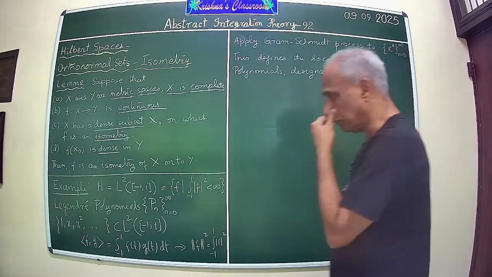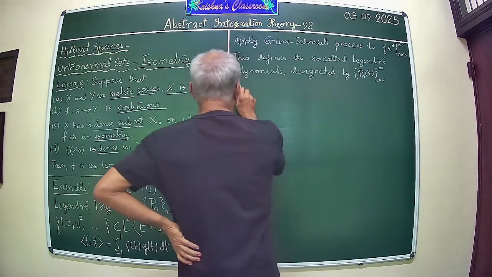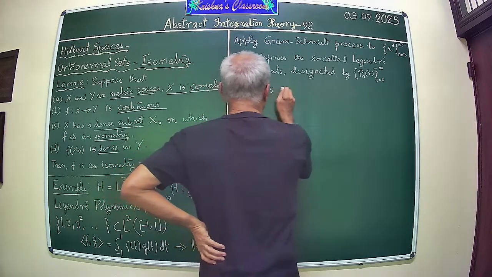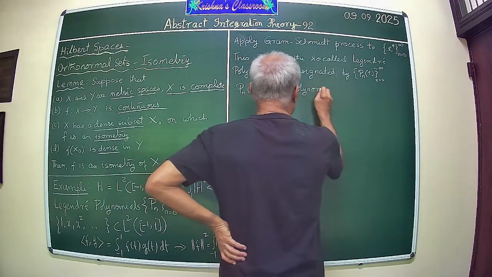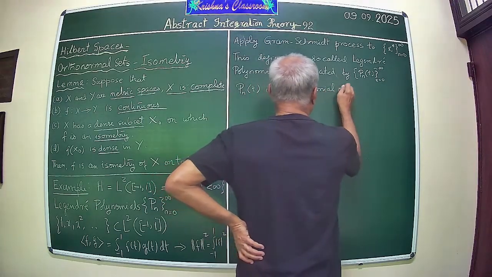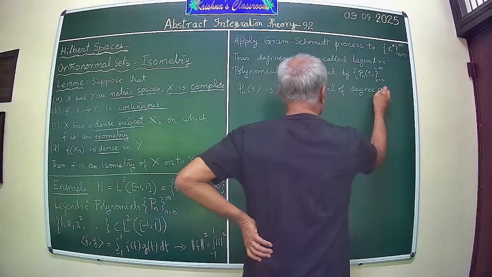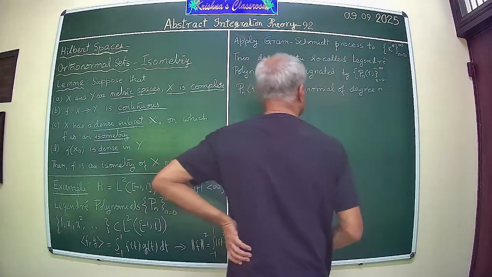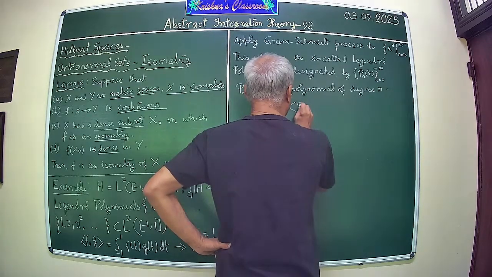Now the property that this collection has is the following. The inner product of P m and P n is zero for different indices and one otherwise.